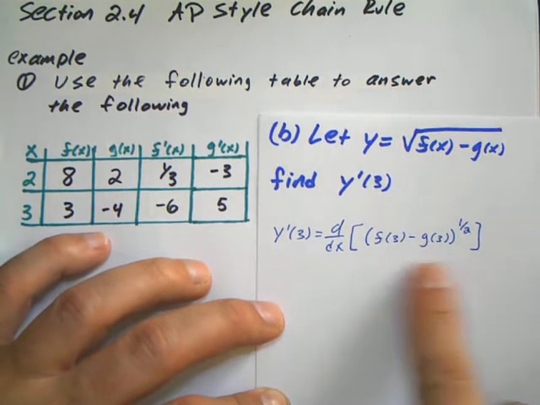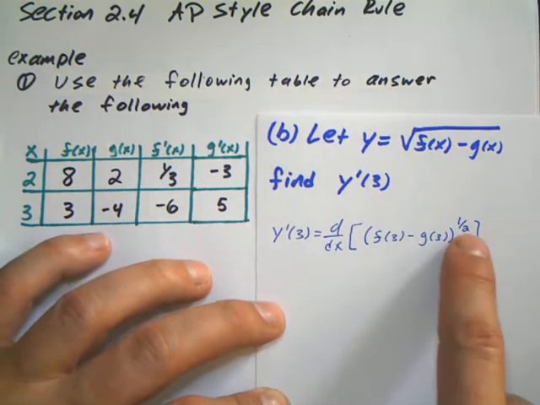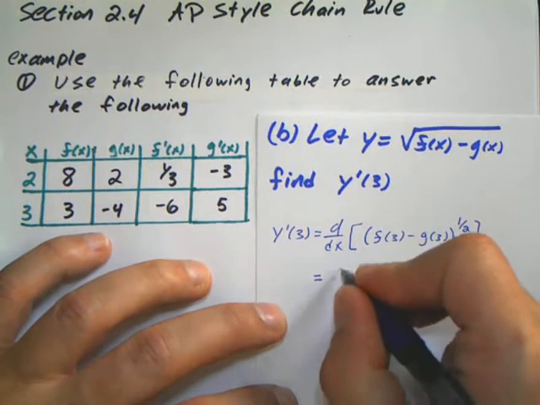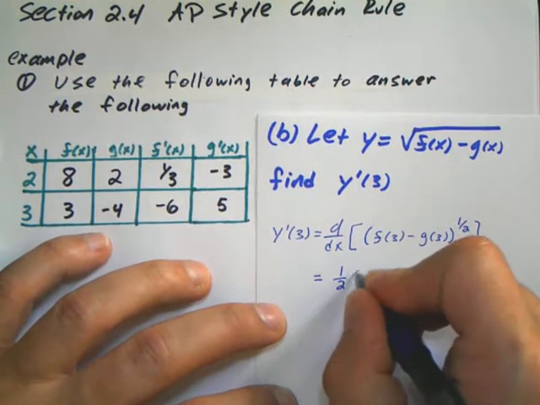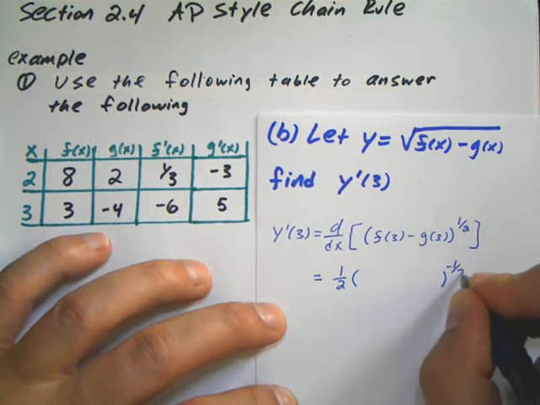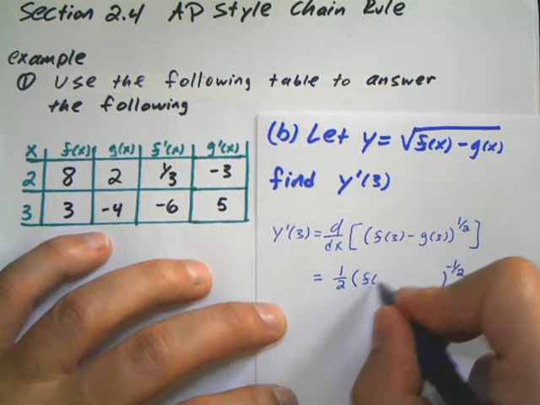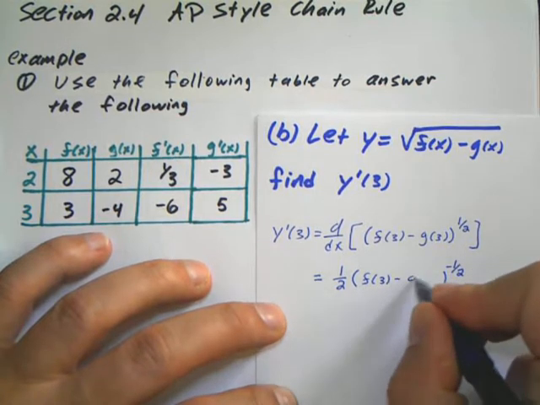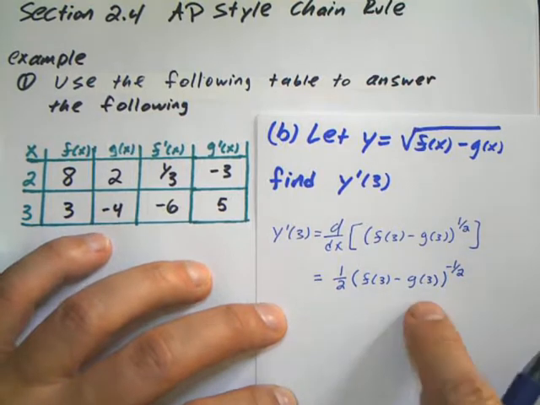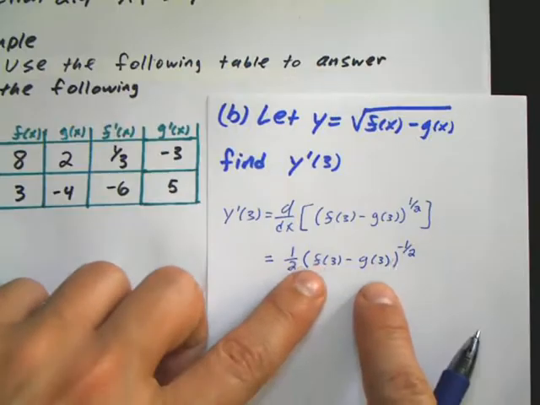The outermost portion is being raised to the 1/2, so that's going to go first. So it's going to be 1/2, keep the inside the same, subtract the power by 1. This is going to be f of 3 minus g of 3. And then the chain rule says multiply that by the derivative of the inside.